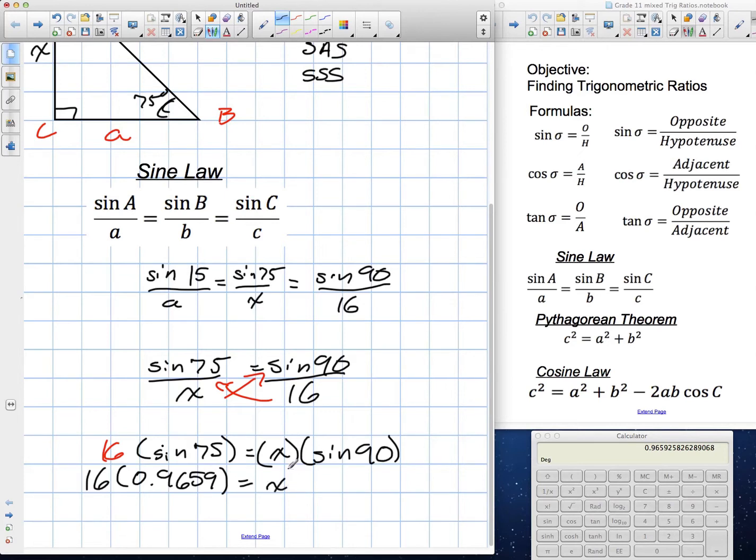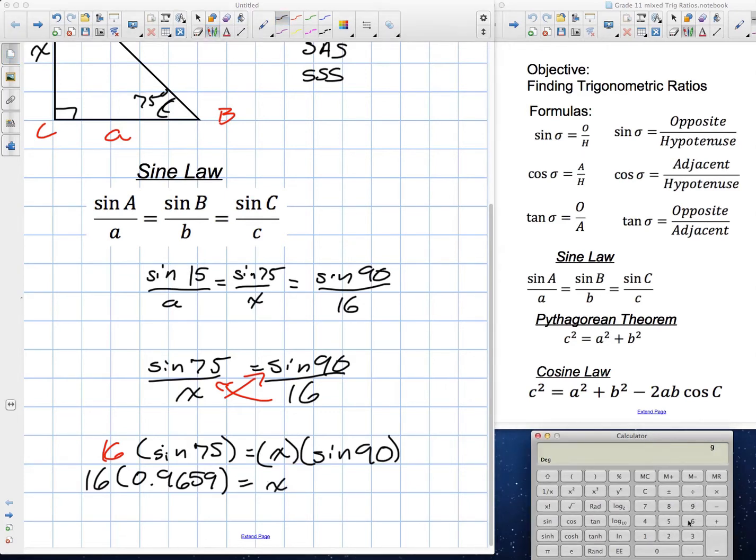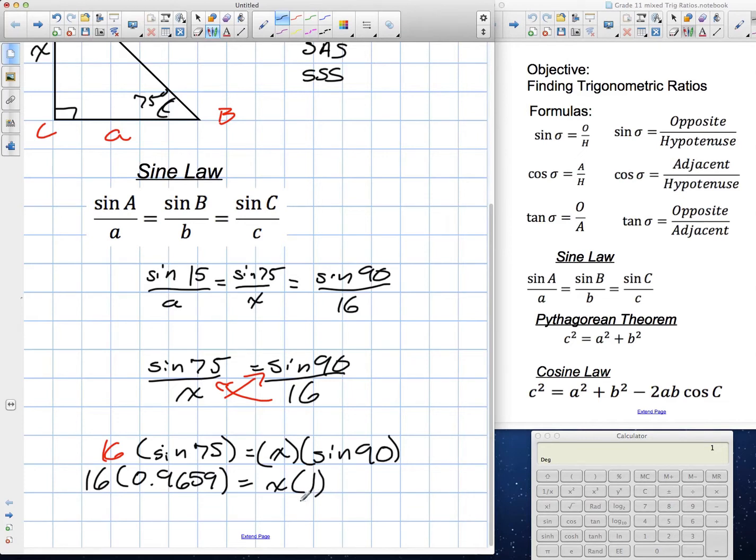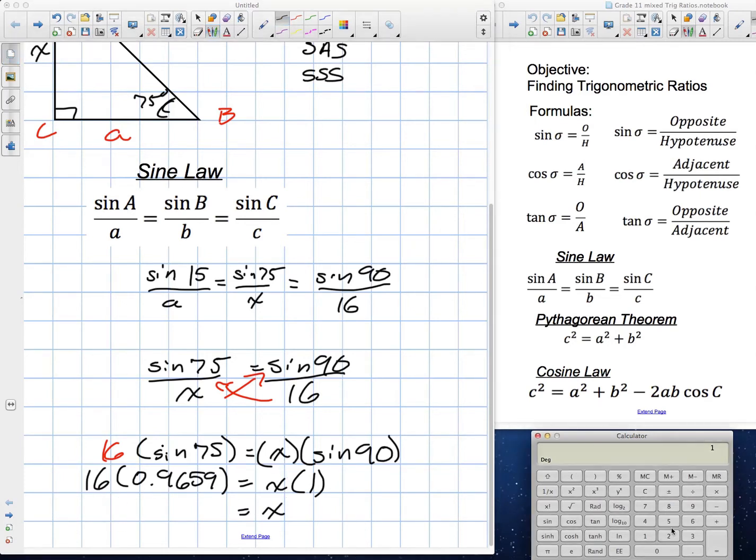And on the other side, sine 90 gives us the number 1. So essentially, this number 1 is not important to us. 1 times x is just going to be x. Okay? So x is equal to 16 times 0.9659. What did you say? 15.45. Okay.